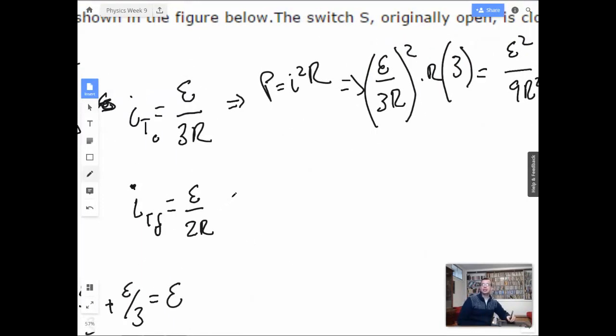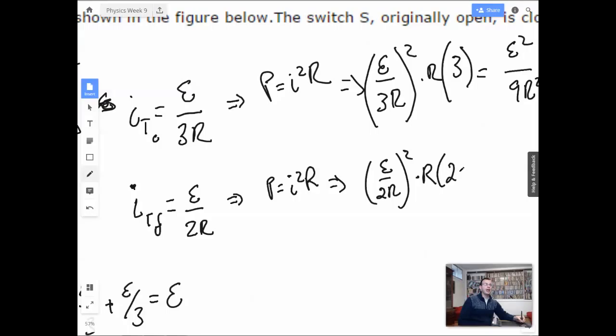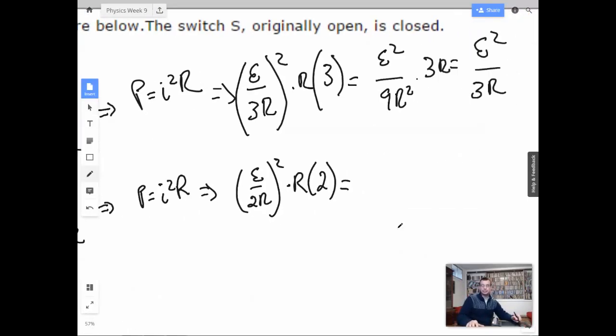I think we're probably going to get some sort of similar thing going on here. So power equals I squared R, which will give us epsilon over 2R, squared. This is the current squared, and we multiply by the resistor, and we're going to have 2 lamps in the second scenario. So we multiply this out.